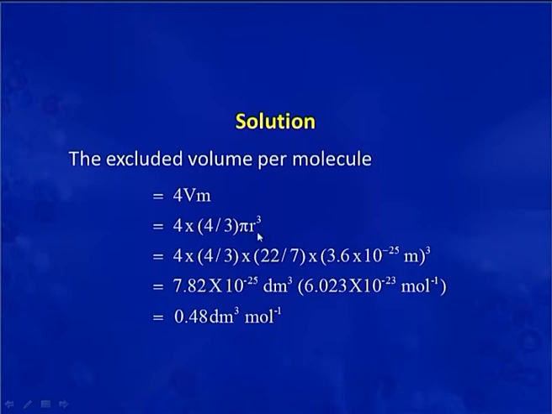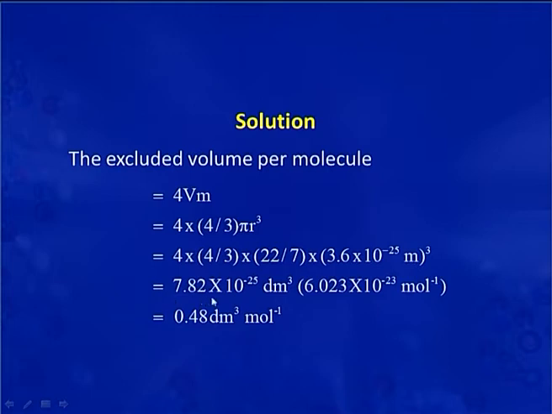The value of r is given in this numerical, so you can put it here, and you know the value of π, that is 22/7. When you put in this value, you get 4 × 4/3 × 22/7 multiplied by (3.6 × 10⁻¹⁰ m) whole cube.